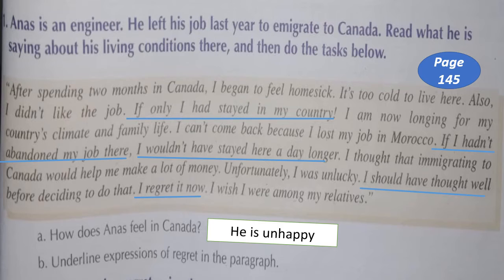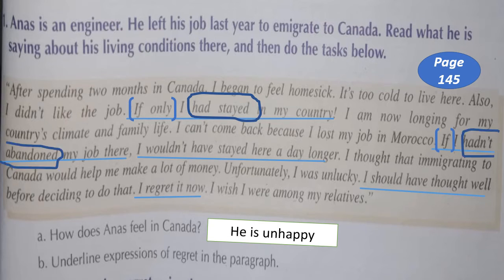Okay. Now let's discover the exact expressions used. We have if only with had stayed, which is the past perfect. So this is, as we have already seen, expressing regret or past wish. Good. So this is the past wish form.